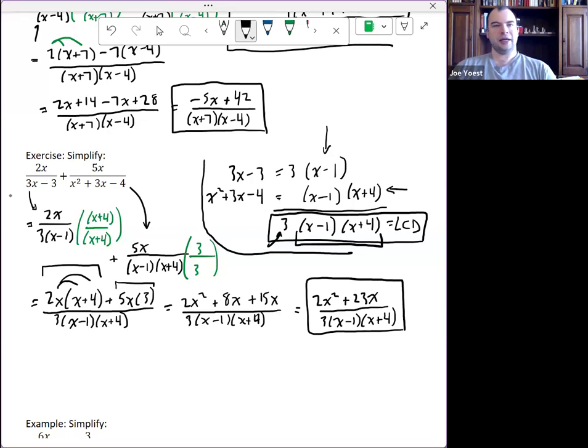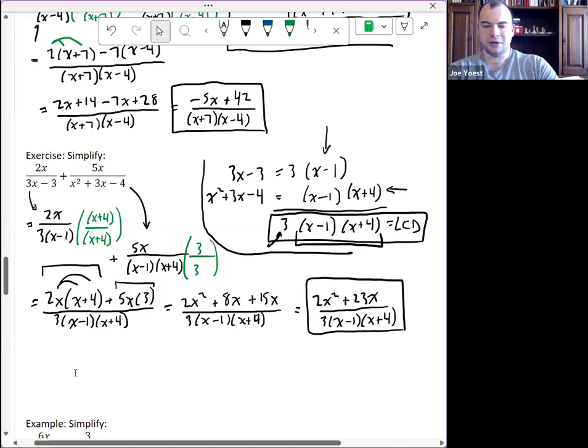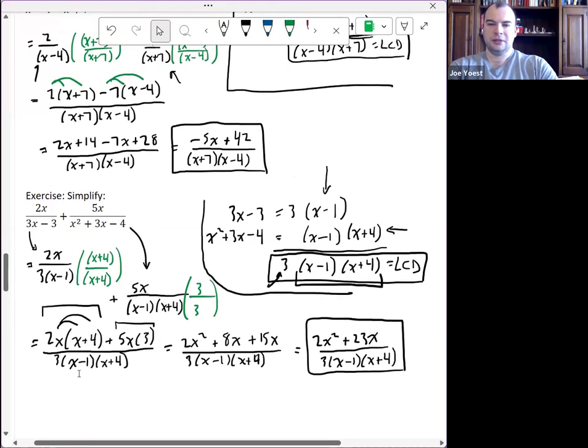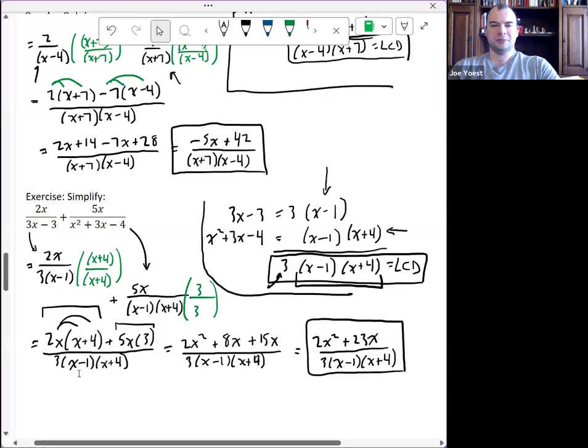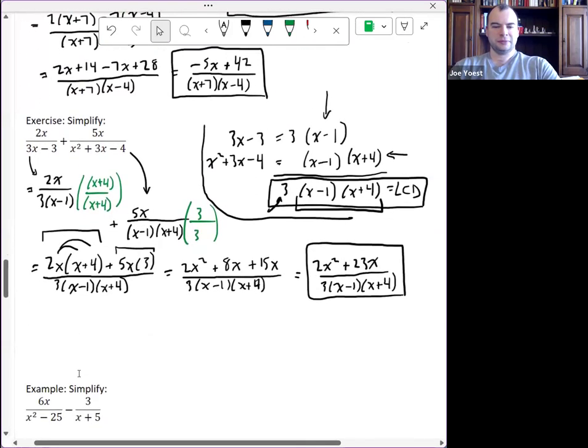I'll combine like terms, the 8x and the 15x can combine together to make this 23x, but 2x squared plus 23x, I suppose I could factor a factor of x out of there, but I can pretty easily see that's not going to divide out with anything. And there's nothing else that can really factor out of here. So no real simplification to be done. This is the final answer. Any questions on either of those two?